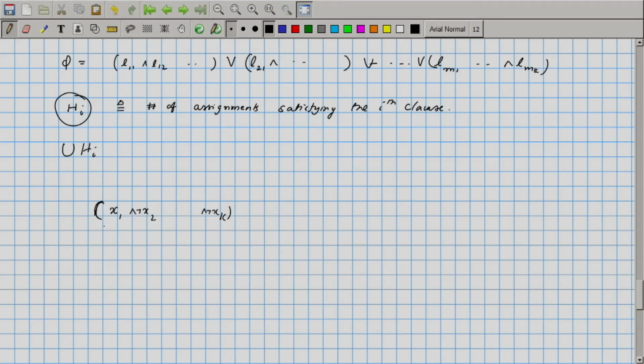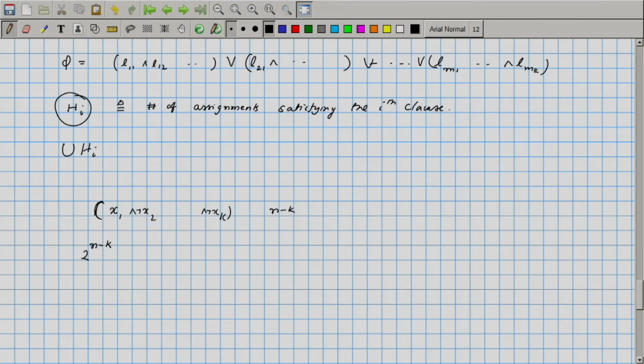Well, there is only one possible value of these variables that will satisfy the particular clause, but the other n minus k variables can be arbitrarily assigned. So, for each Hi, the count is extremely simple. The number of satisfying assignments for the ith clause can be simply computed as 2 raised to n minus k, where k is the number of literals appearing in that particular clause.